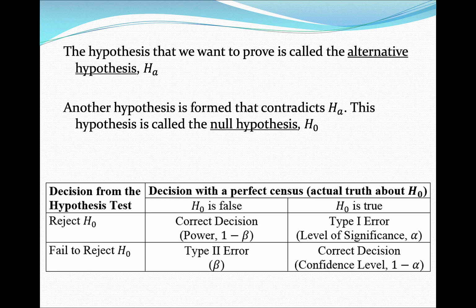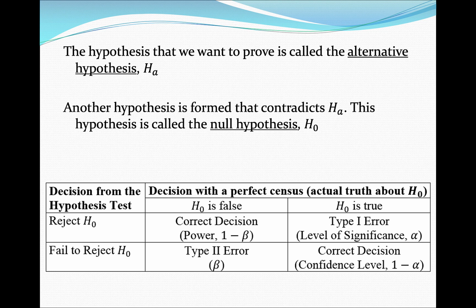The probability that we get that value exactly right is 0 theoretically, but the mean actually is a specific value. So in reality, H naught is either true or false. That's what those columns represent. The second column in the table represents when H naught is false, and the last column represents when H naught is true.